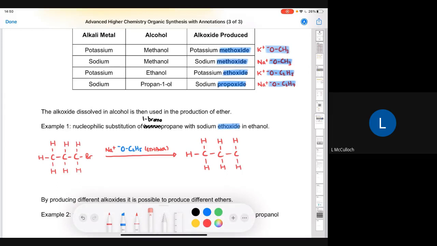Now, what is going to happen here is we are going to substitute on our ethoxide. So we're going to pop in a bond to the oxygen, and then that oxygen is bonded to a C2H5. So I'm just going to draw that out as a full structure rather than just writing it as C2H5. And what we have drawn here is our ether.